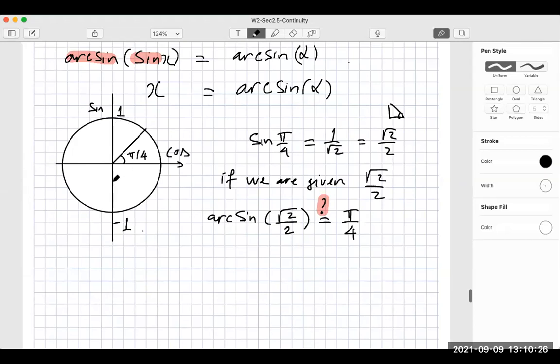Any one input gives us one output, and one output gives us only one input back, right? So by convention, arcsine will take values from -1 to 1, and the angle alpha should be taken from -pi over 2 to pi over 2, only for the arcsine function.